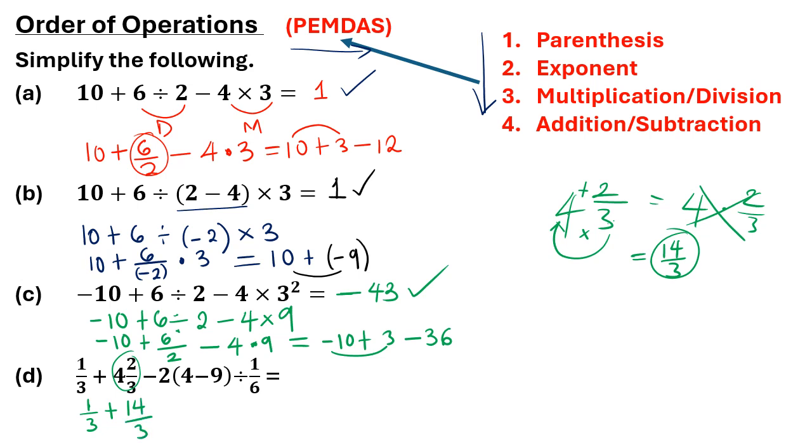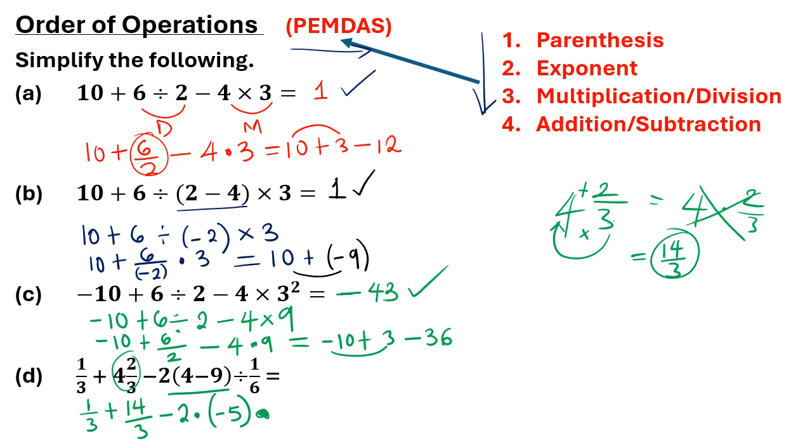So here you have -2 times, since we're supposed to work on the parentheses first, -2 times what is 4 minus 9? That is -5. Again, we are going to work on the division next after the parentheses. The way we simplify problems involving division with fractions is to convert the division sign to multiplication, what we call keep, change, flip.